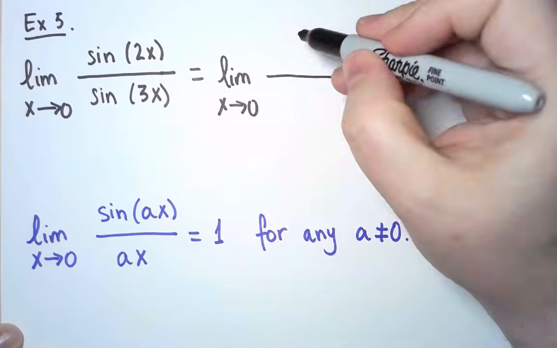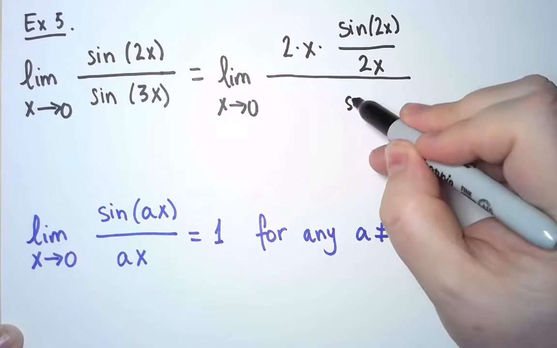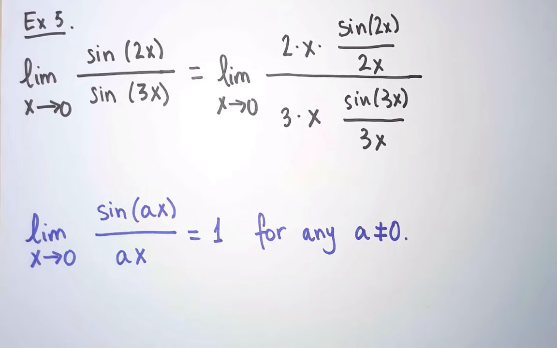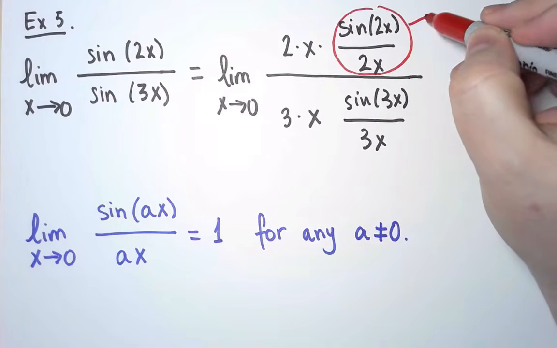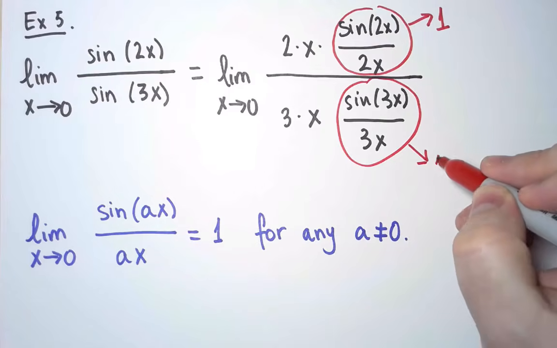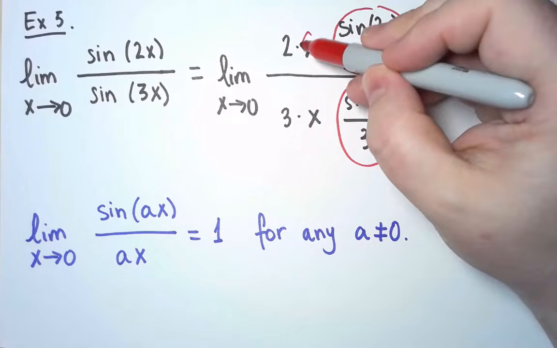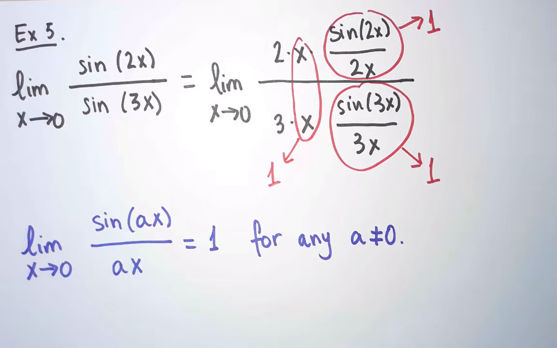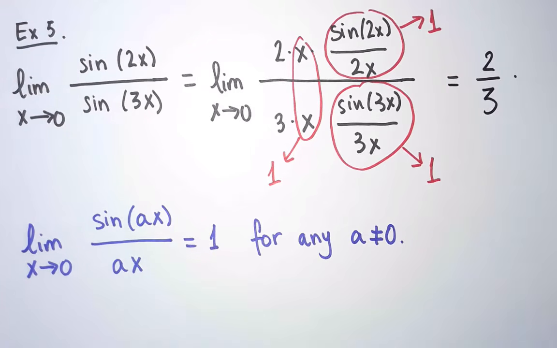I can get those there if I multiply and divide by a bunch of terms. Look what happens now. The limit of this piece is 1. The limit of this piece is also 1. And the limit of this piece is also 1. So the full limit becomes 2/3.